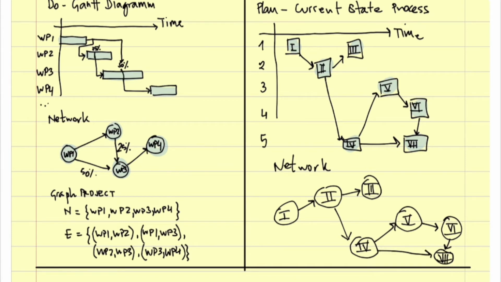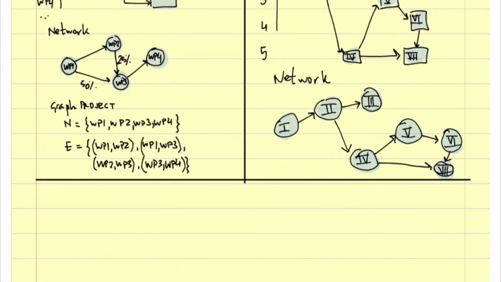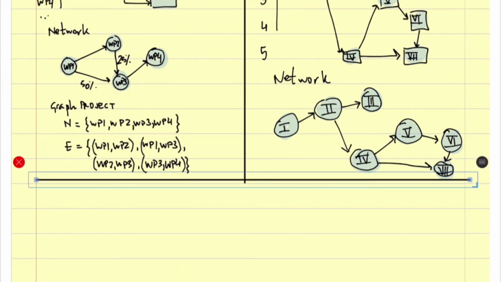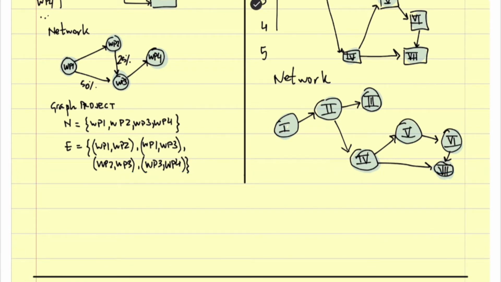So in a way, the same kind of information, only that now we are able to describe this as a graph, which is very useful, as we will see now. Graph of a process.